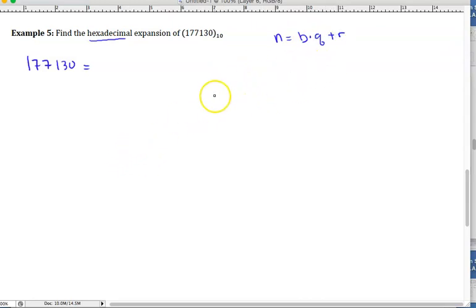I'm using that format. So 177130 divided by 16 gives me 11070 times 16, and then a remainder of 177130 minus 11070 times 16, a remainder of 10.